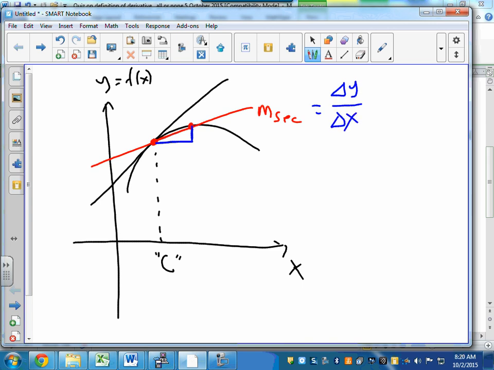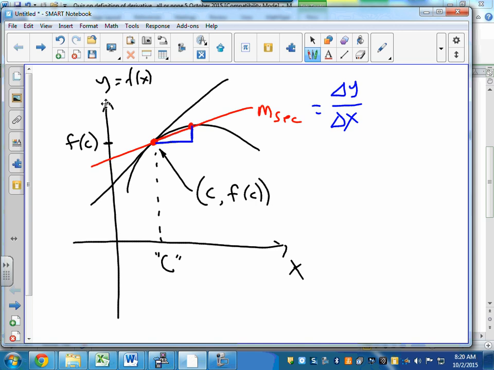So again, no calculus here. This is just plain old arithmetic. We should have the ordered pairs that fit here. If this is c on the axis, we would go over here and say this is f of c. So the ordered pair right there is c comma f of c.